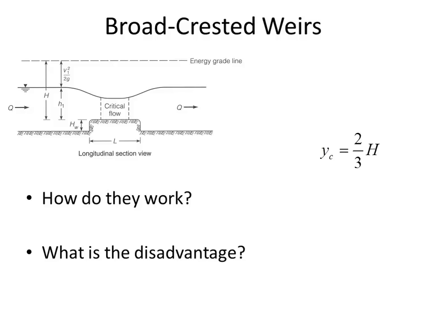You can try to find the flow rate in the channel by saying Q equals VA, and even when the flow isn't critical, you could measure the depth, measure the width, and then try to estimate the velocity. But estimating the velocity, what do you do? Throw a stick on top and measure how quickly that stick is floating over the surface? Well, that's great, except for the velocity distribution. The top of the water is moving faster than the bottom of the water. So it's really hard to estimate the flow rate in the channel, but if you know it's critical flow, everything falls into place really easily.